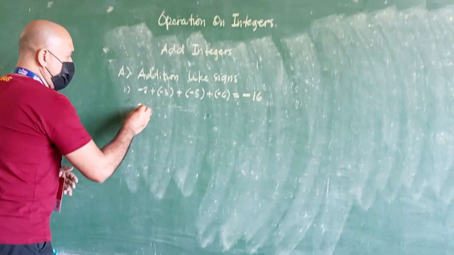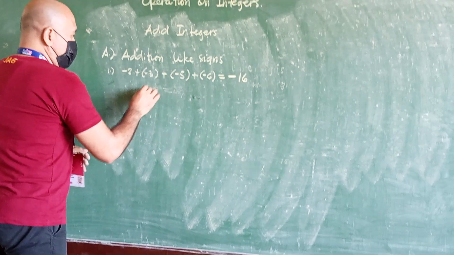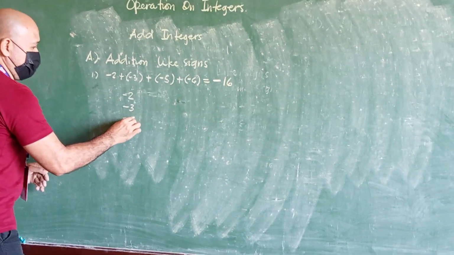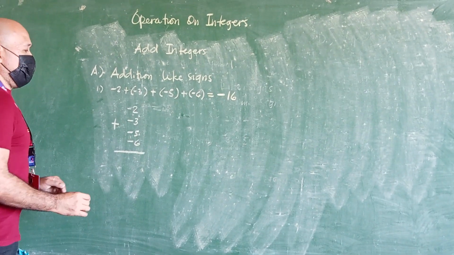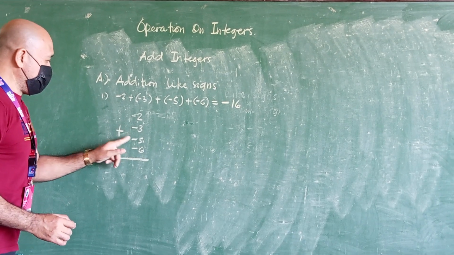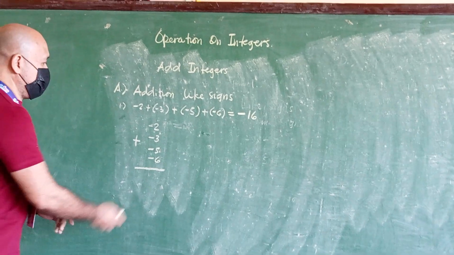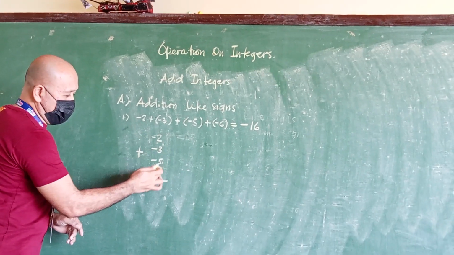Or you can write that into a vertical arrangement, like negative 2, negative 3, negative 5, and negative 6. You are going to read this as negative 2 plus negative 3 plus negative 5 plus negative 6. Since all signs are the same, just bring down the signs and add directly all the numbers.